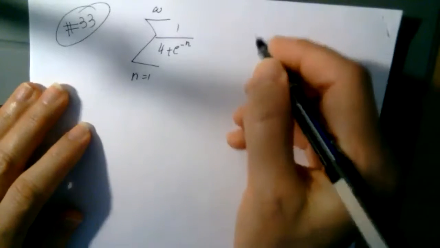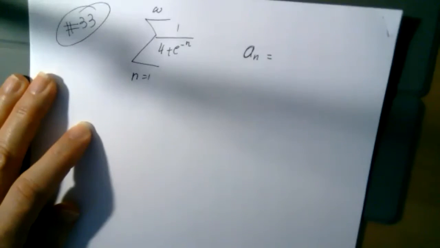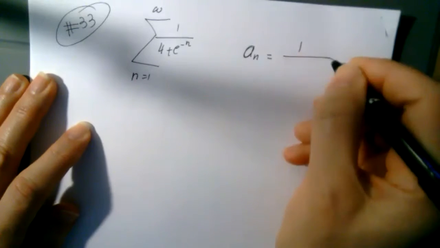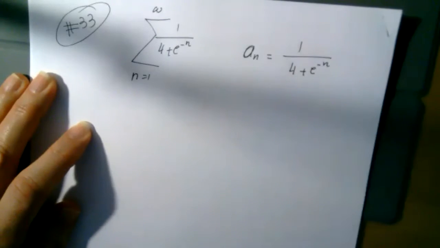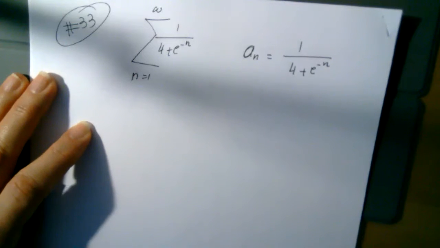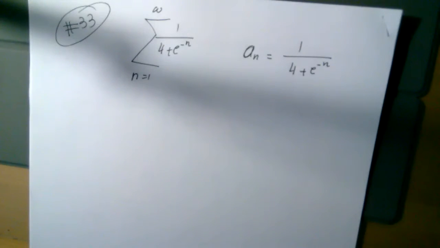When it's not geometric, I'm going to start looking at the terms. So what's the form of the term? a_n here is 1 over 4 plus e to the minus n. That's how the general terms are. We don't know a lot so far. We know geometric and we know the divergence test.